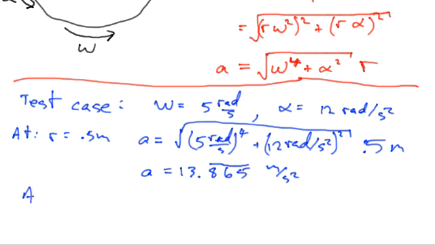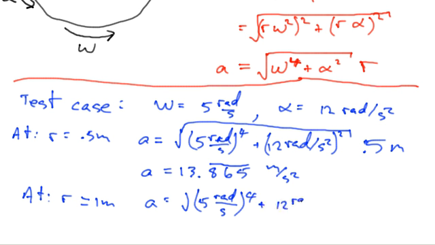And then at r equal to 1 meter, the square root of 5 radians per second, quantity to the 4th, plus 12 radians per second squared, quantity squared, all times 1 meter.